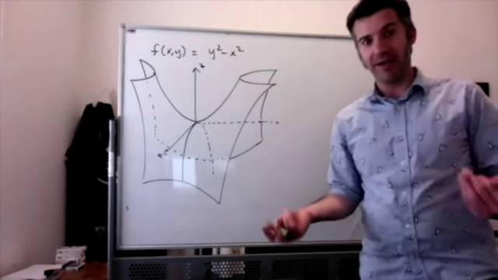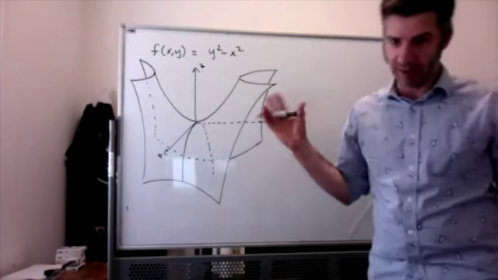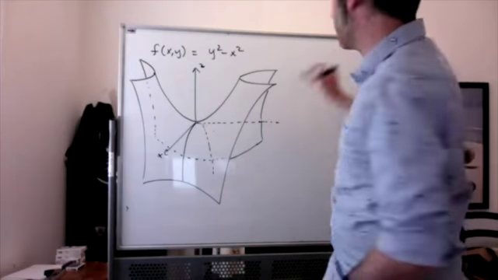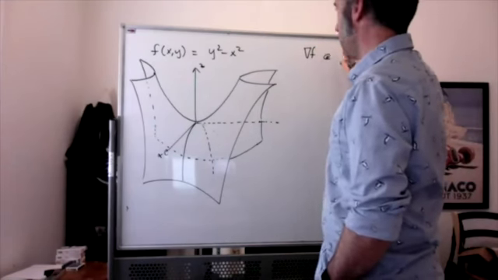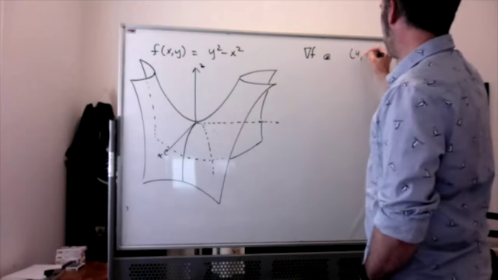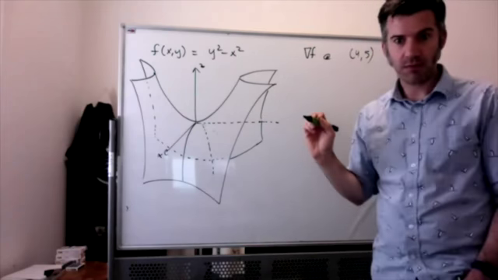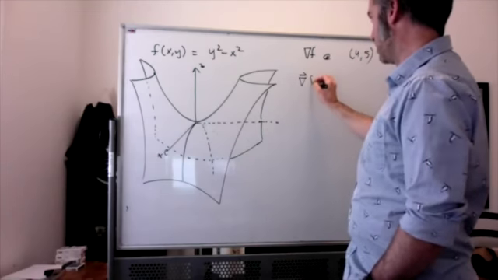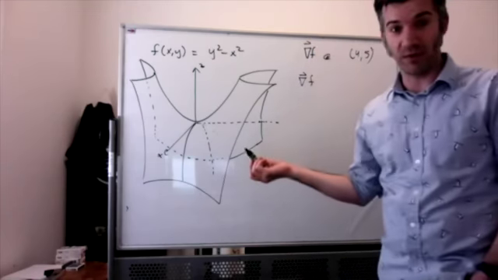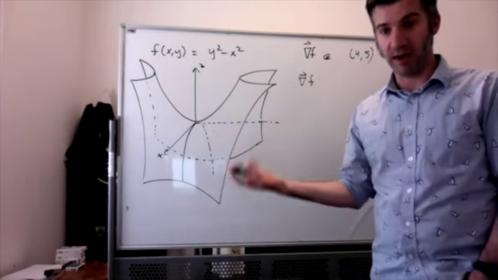Let's find the gradient, which is a normal, right? It's perpendicular. So let's find the gradient at the point (4, 5). All right, so the gradient is a derivative, but it's a vector.